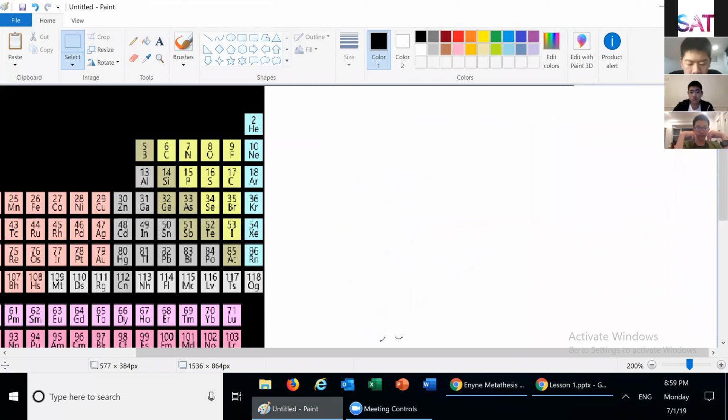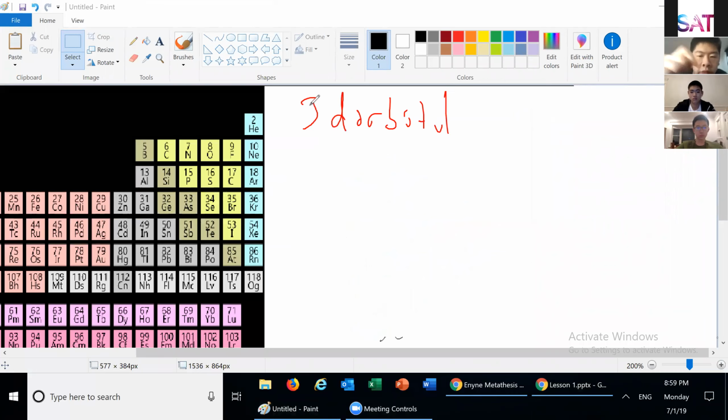I want to make another point. Let's say you have a d orbital. Let's just say it's the 3d orbital. Can someone tell me what the value of L is? For a d orbital, it's 2.